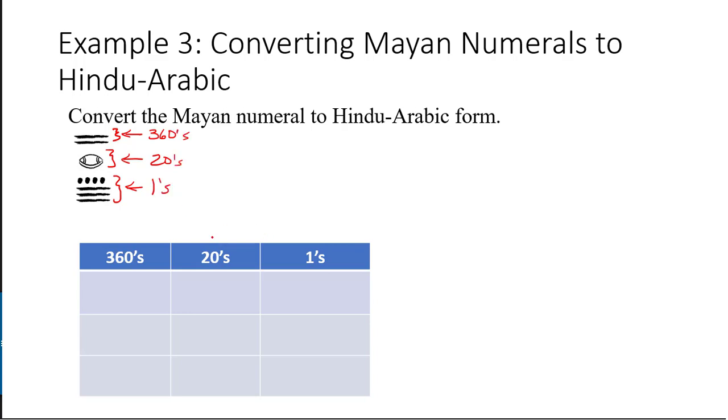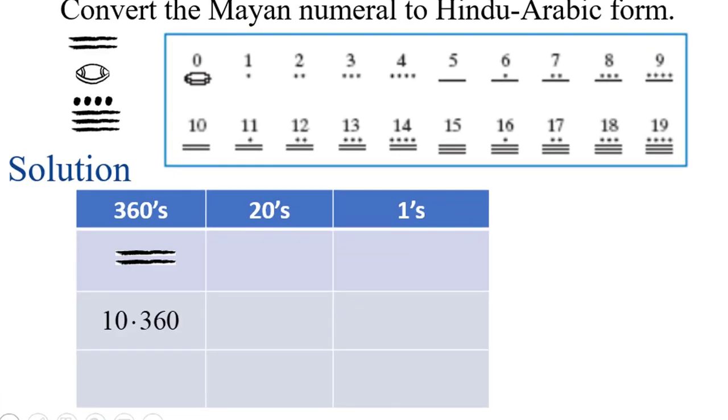All right, so the way that we would figure out what this number actually represents in Hindu-Arabic form is just to multiply the face value times the place value. So let's start with the first position at the top there, the 360s place. That double dash, it's 2 5s. So 10 times 360, and then in the next place down, that's a 0.